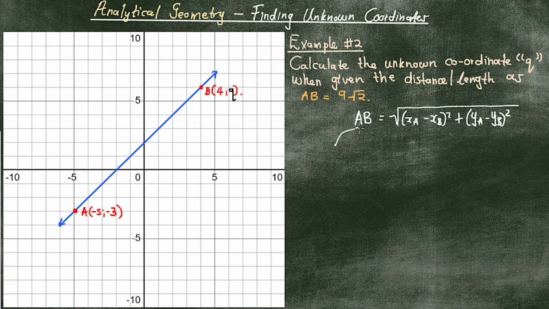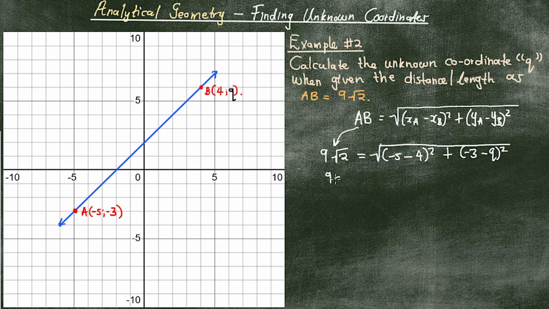So we are given AB. 9 square root 2 is going to be equal to, I'm just going to substitute what I have: XA, that's minus 5, minus XB, 4, squared, plus YA, that's minus 3, minus YB, that's Q, squared.